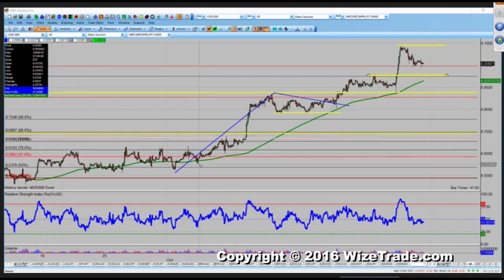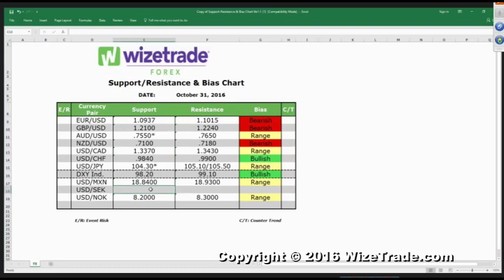Buying this thing on dips makes most sense. I'd be a buyer at 895 if I could get it. Okay, and this is bullish.